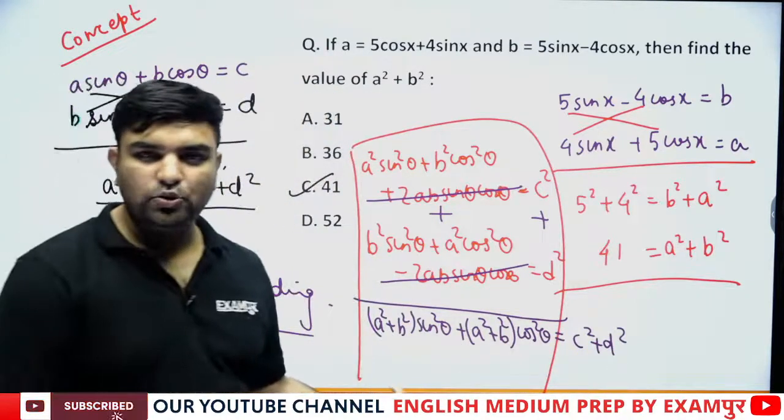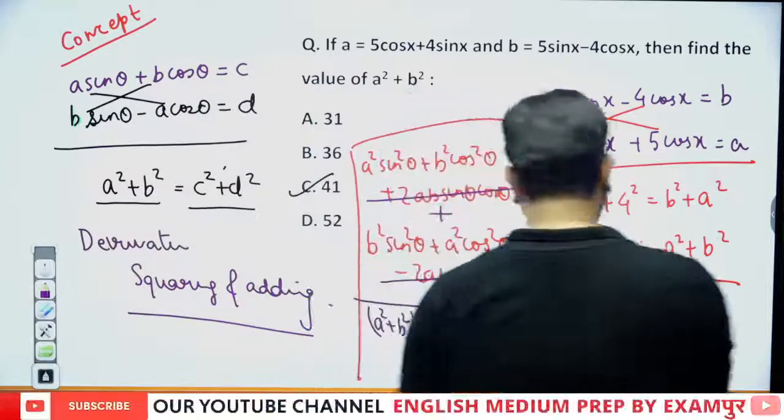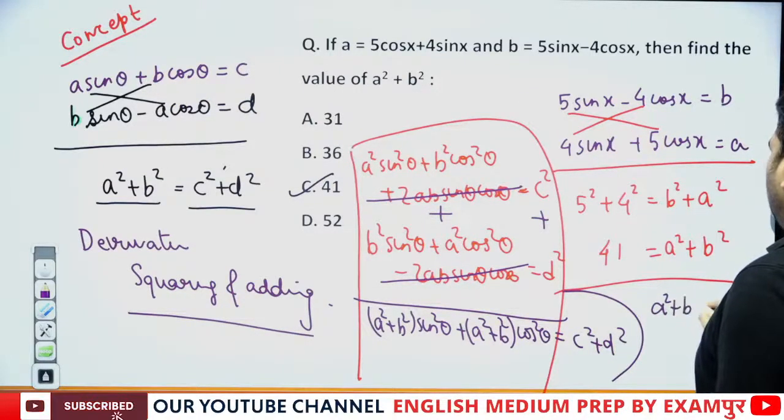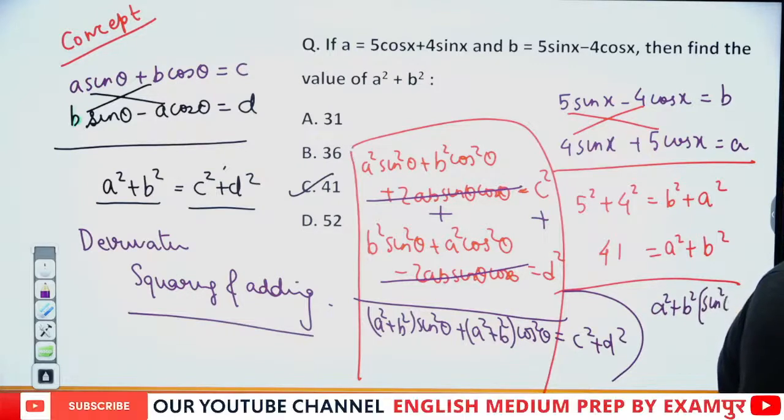If you take a square plus b square common, then sin square theta plus cos square theta, which is equal to 1.